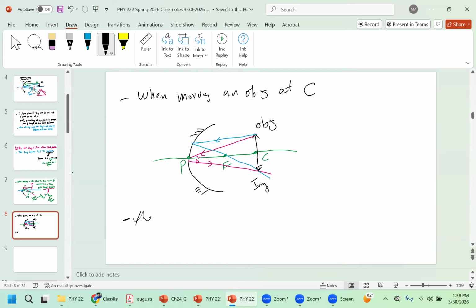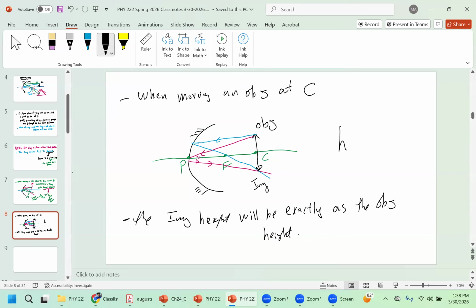So the image height will be exactly the same as the object height. So your h of the object is going to equal h of the image. Are you all with me so far?